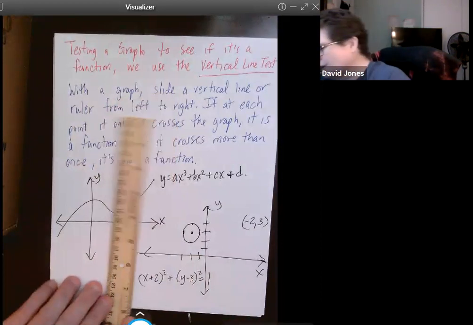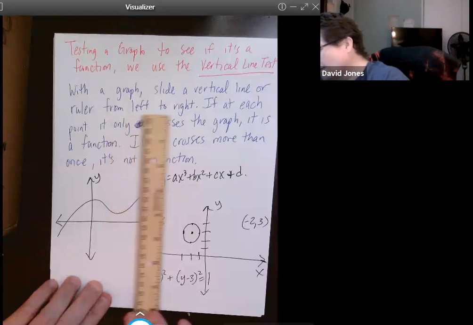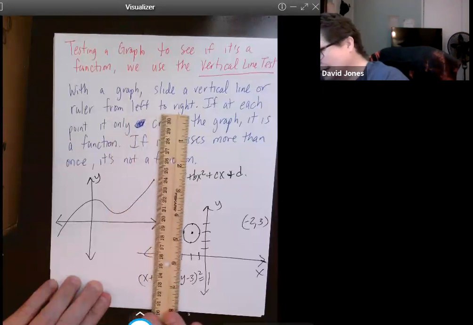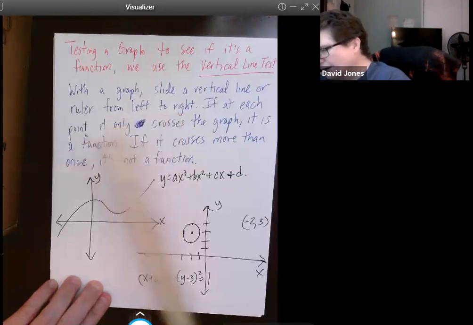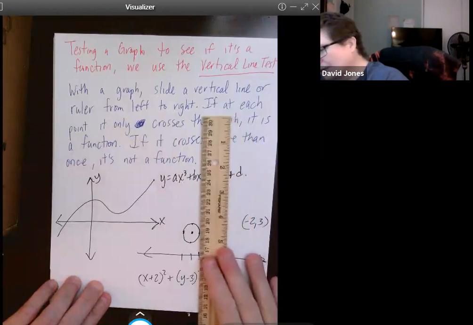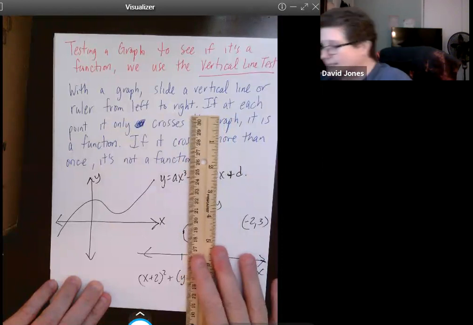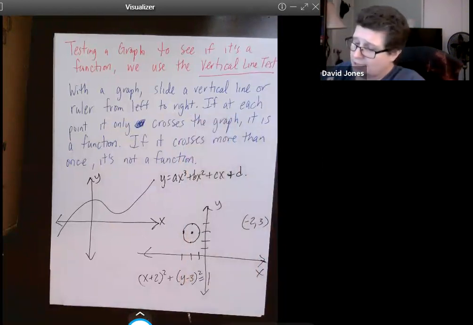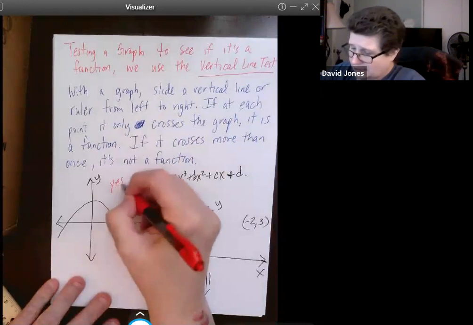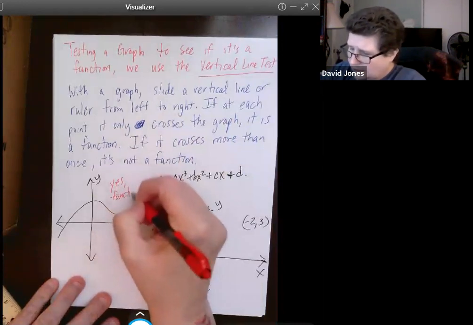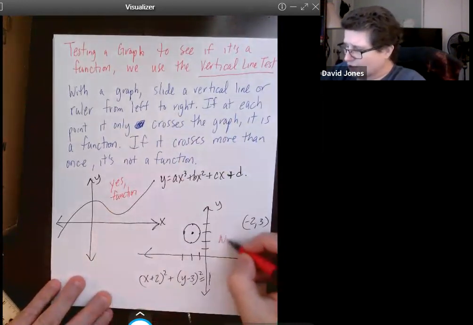When I get to the circle, the very left side of the circle is only hit once, and the very right side is only hit once, but everywhere in the middle, it hits the graph more than once. So circles are not a function.